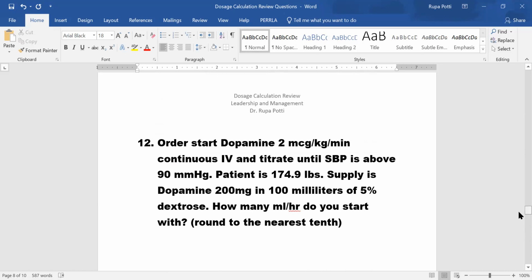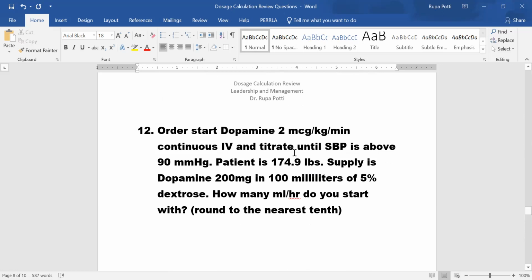Again, as you're reading this problem, there is a scenario given to you. You have to start this medication, you have to maintain the systolic greater than 90 mm of Hg, and the patient weighs 174.9 pounds, and the supply is 200 milligrams in 100 ml of 5% dextrose.